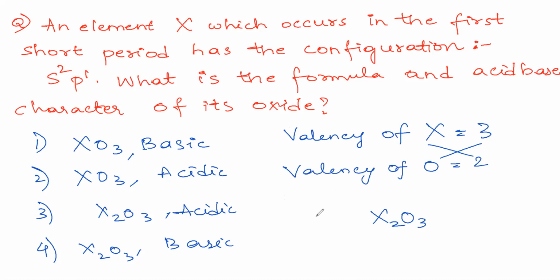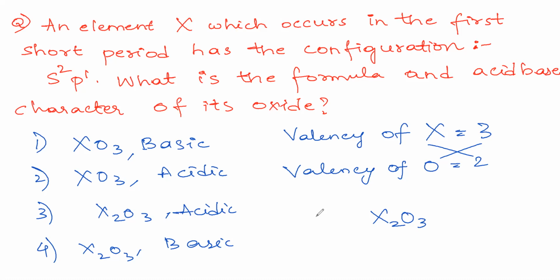Now the question is whether it is acidic or basic, because they have given X2O3 as both acidic and basic. Now s2p1 belongs to the third period, because the configuration is 1s2 2s2 2p1. It has 3 valence electrons, so it belongs to the 13th group.